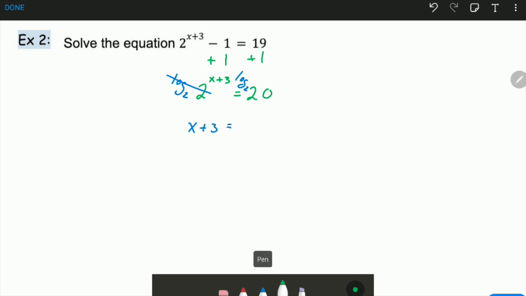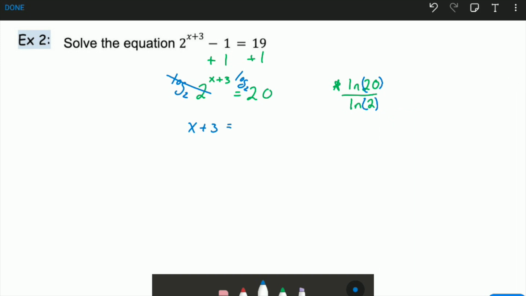Most calculators, you would have to use the change of base formula or look through a crazy long menu to find it. But we would be doing ln of 20 divided by ln of 2 is how we can type it into the calculator, making sure we open and close parentheses where necessary, depending on the calculator.